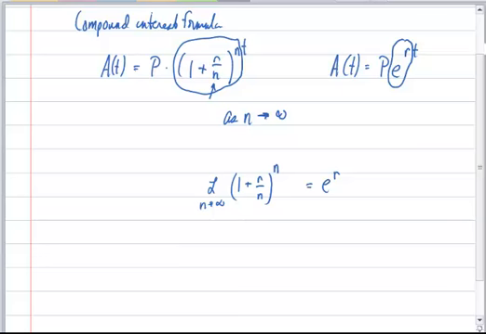I'm first going to start off by stating that f is equal to 1 plus r over n to the n power. And then I'm going to limit n to be driven to infinity.